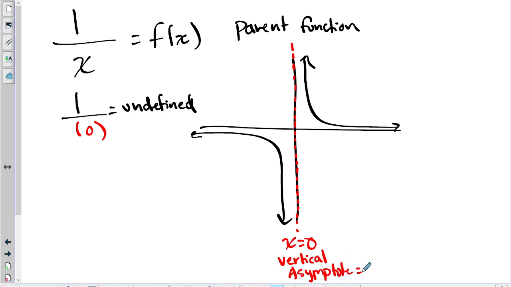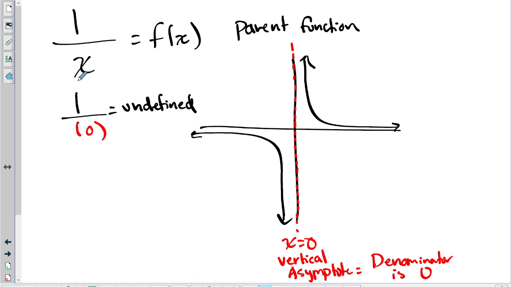And that happens when the denominator is 0, okay? And so if we go to a slightly more complicated question, something like -6 over x minus 3, I can see a couple of things are happening. There's going to be a change in the top, right?